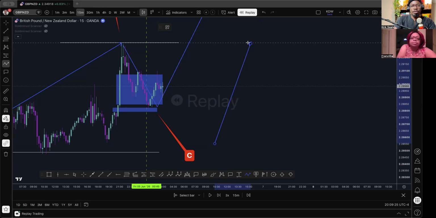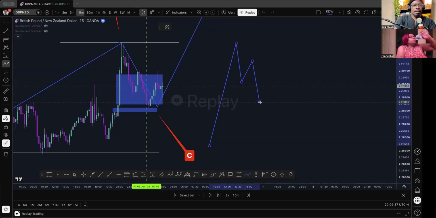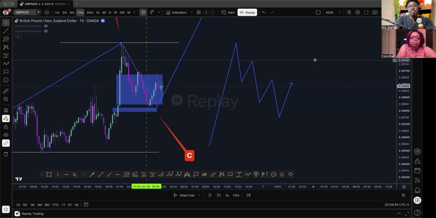So this really long move happened one time. If you just look from here up, we saw price shoot all the way up there, and then it took its time and came down like this, which is what you like to see. And then from there, it decided to move up.